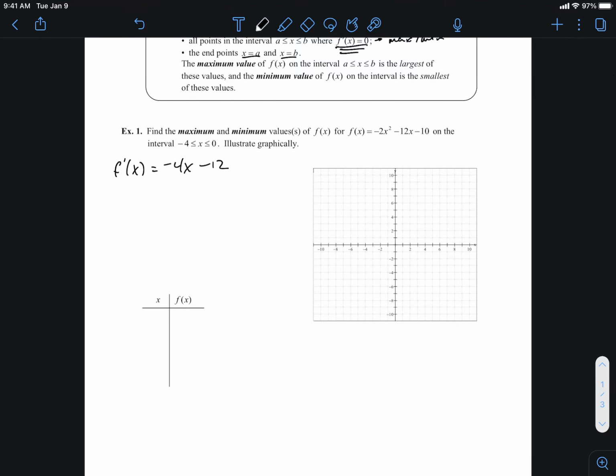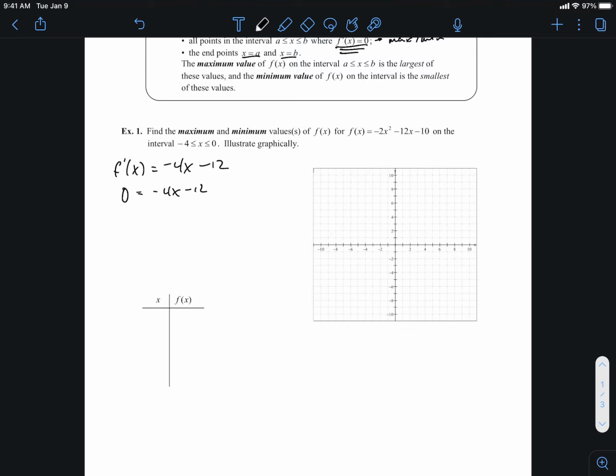Now the first part says, set the derivative equal to 0, right? In doing this, we're going to identify the point or points in which we reach a maximum or minimum on our graph. So we're going to say 0 equals -4x minus 12. Now you'll notice right off the top, because this is a quadratic and we've derived, I only see one x variable there, so I'm only going to get one max or min for this particular question, right?